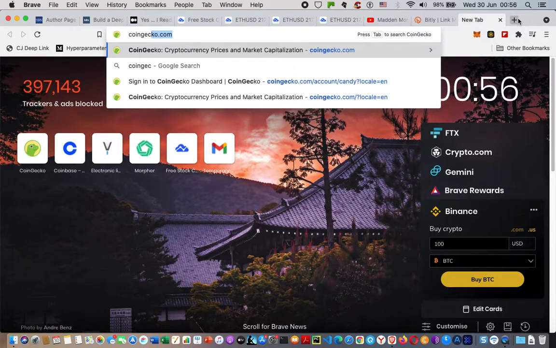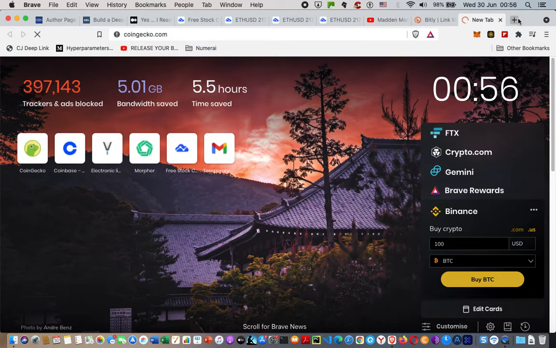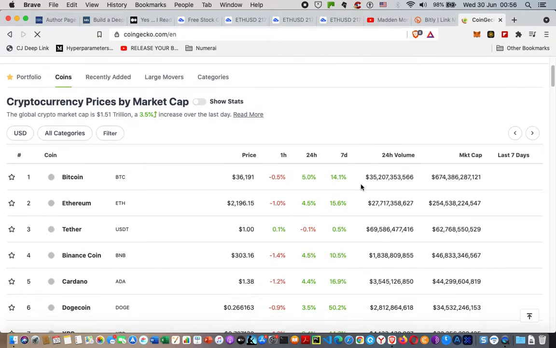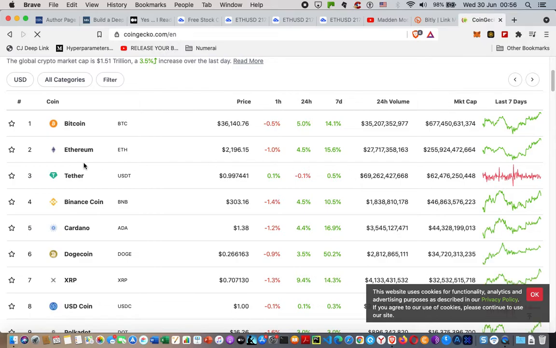Let's go to CoinGecko here very quickly, and we shall see the relative percentages of how well Ethereum and Bitcoin have done. As you can see, over the last 7 days, Ethereum has been up by 15.6%, Bitcoin by 14.1%, 5% over the last 24 hours, and 4.5% for Ethereum.